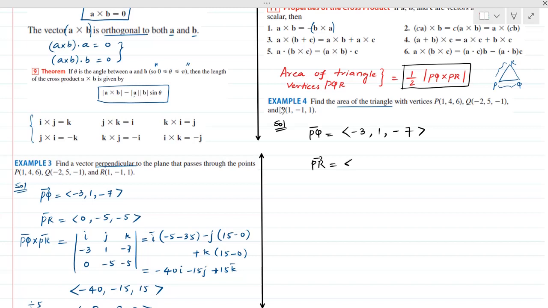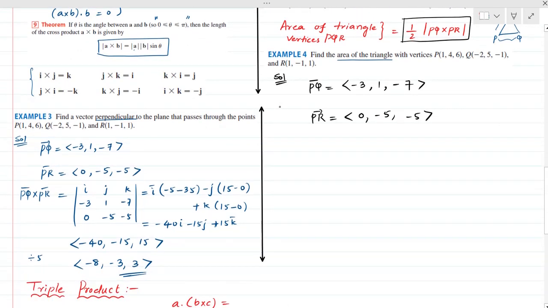The next one, PR: 1 minus 1 is 0, -1 minus 4 is -5, 1 minus 6 is again -5. So this is the same vector we saw in our last problem. PQ cross PR. I will calculate the cross product vector first, then take the magnitude, then divide it by 2.